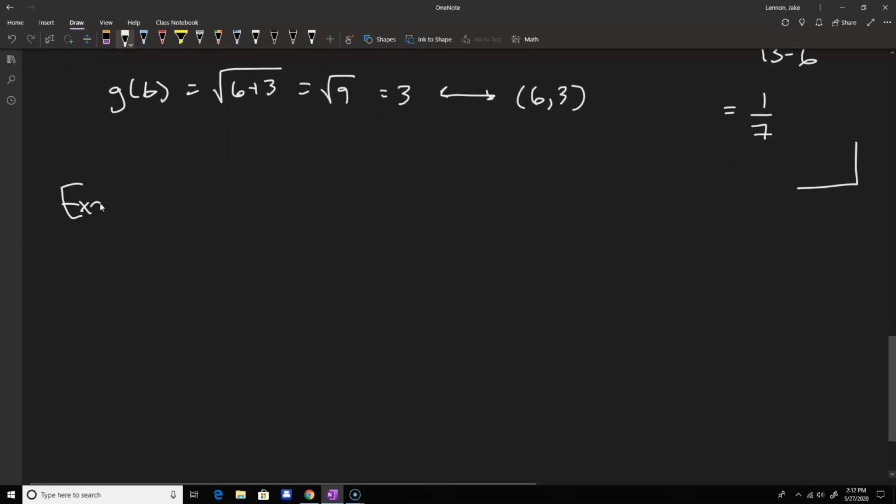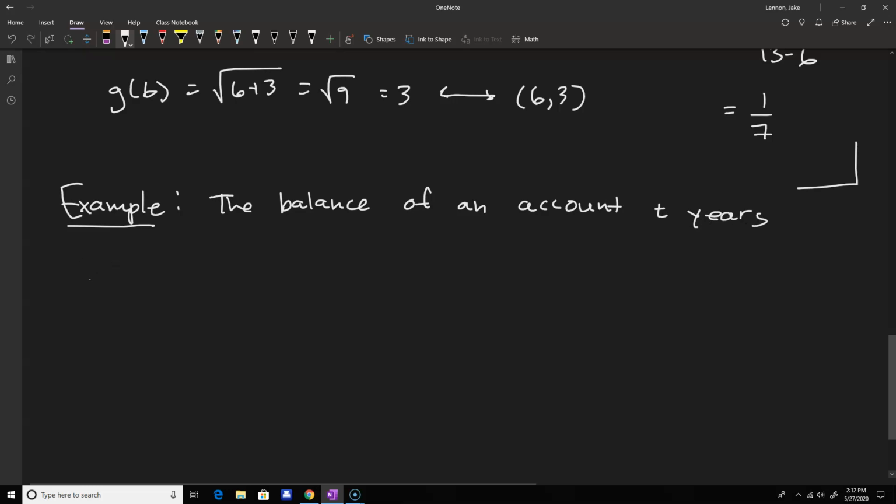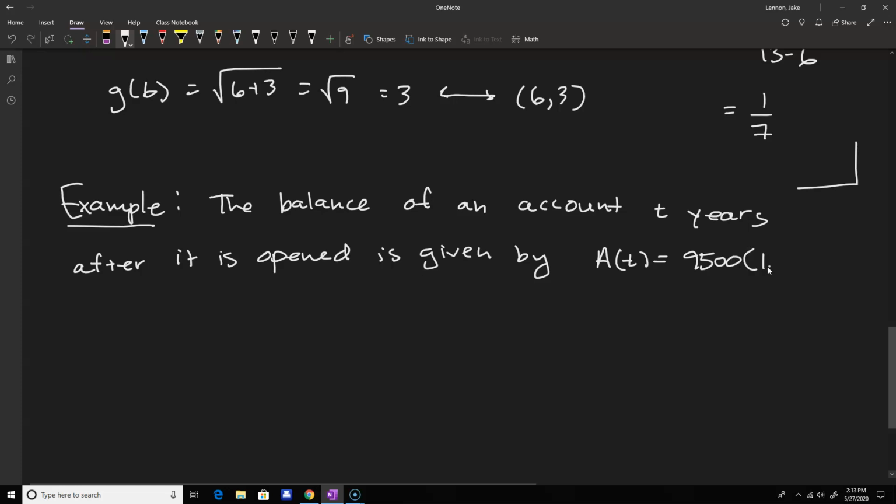Let's say that the balance of an account t years after it is opened is given by, let's say, the equation A of t equals 9,500 times 1.064 raised to the t power.